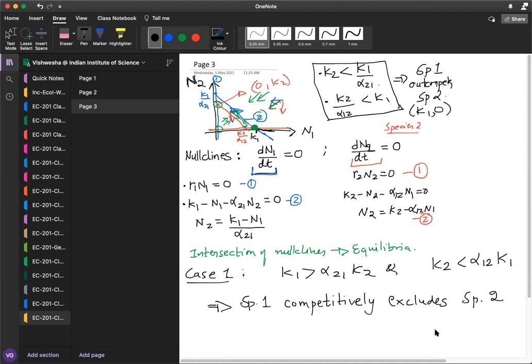Is this clear to everyone? Any questions? Because if you understand this correctly, you can write the conditions for the converse very easily, right? When will species 2 competitively exclude species 1? That should be very easy to do. You just invert all the signs and the species 1 and 2 interactions. So please understand this clearly.